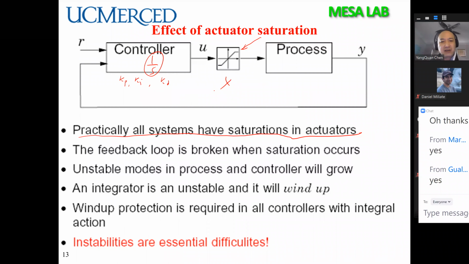The first figure: I have a reference of 1. This is the reference, this is my output. I purposely limit my control authority to a very small range, 0.1 to minus 0.1.